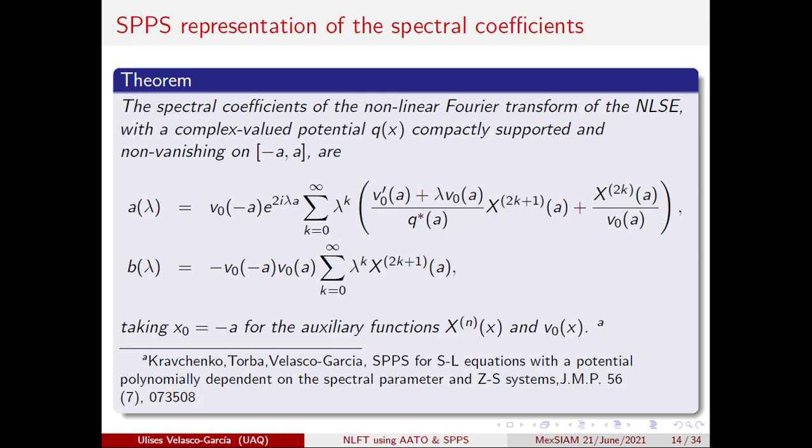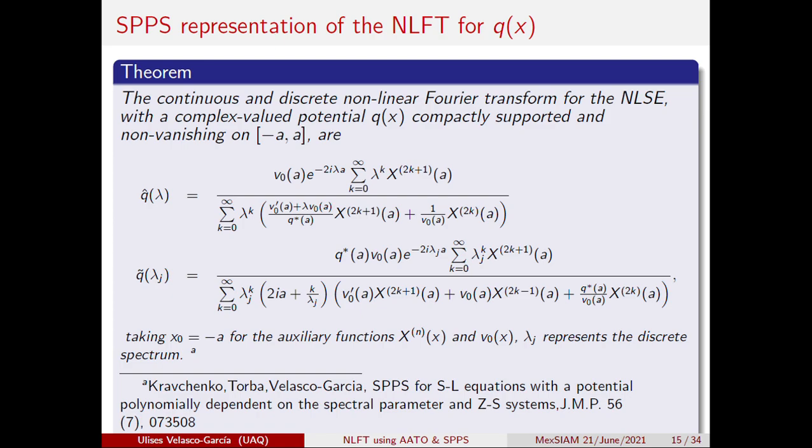This was published in 2015. This is also a result I would like to present to you. The continuous and discrete nonlinear Fourier transform for the nonlinear Schrödinger equation with a complex valued potential Q, compactly supported and non-vanishing on the segment minus A to A, are as follows, where we are taking x0 equal to minus A for the auxiliary functions.